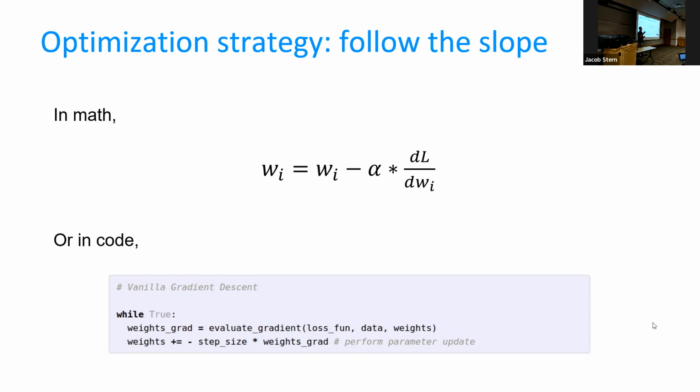Just to summarize, the loss function is going to turn discrete classes into a continuous function that we change the weights to minimize.